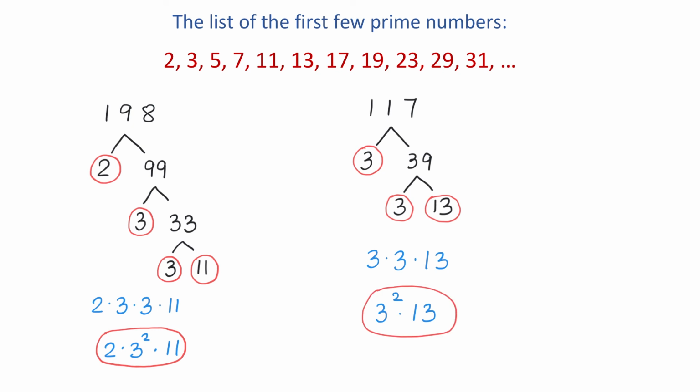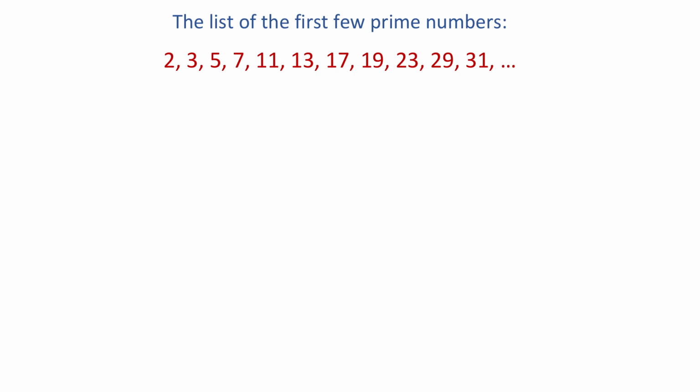Now let's see one more example. We will find the prime factorization of 512. This number is divisible by 2, and the result is 256. 256 divided by 2 is 128.